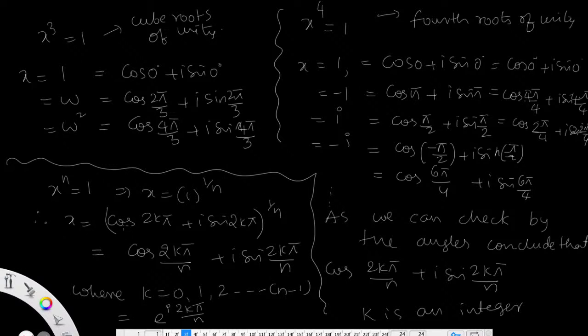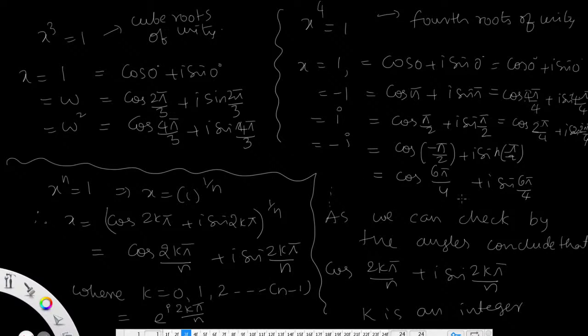We can generalize it as cos 2k pi plus i sin 2k pi, all to the power of 1 by n, and by De Moivre's theorem that is cos 2k pi by n plus i sin 2k pi by n, where k equal to 0, 1, 2, and so on up to n minus 1. In Euler form, we can write e to the power of i into 2k pi by n.